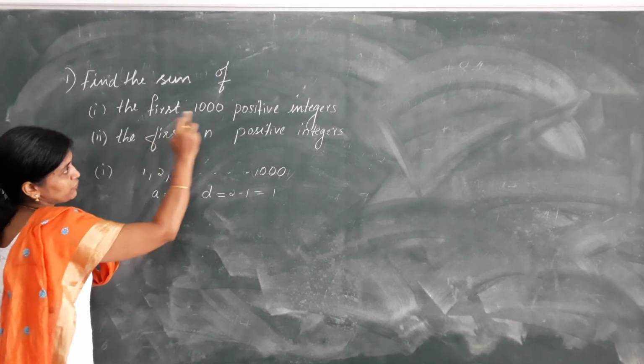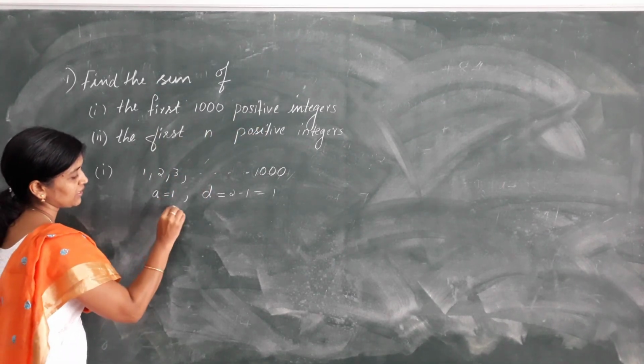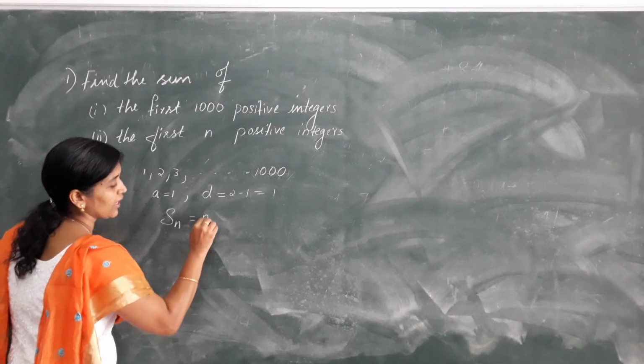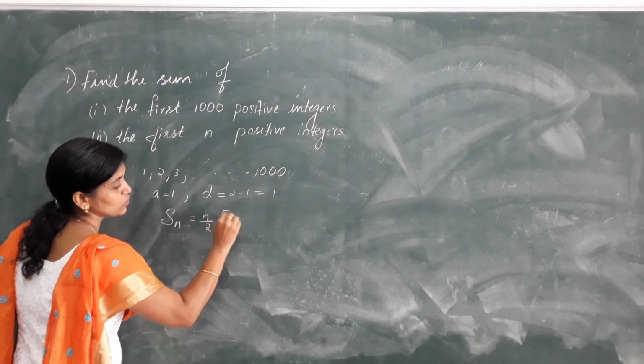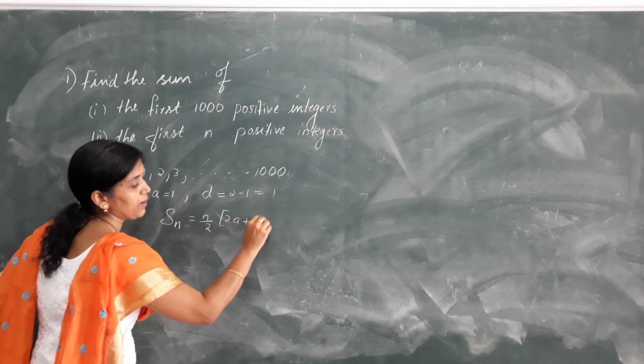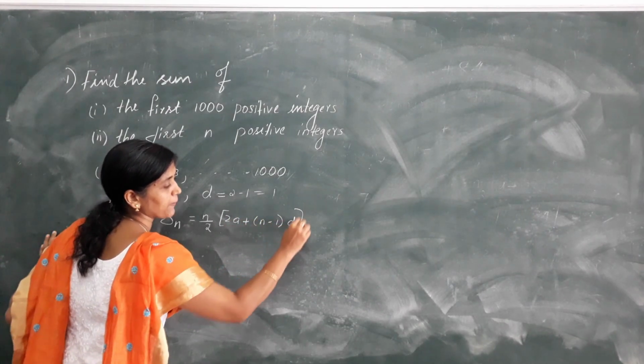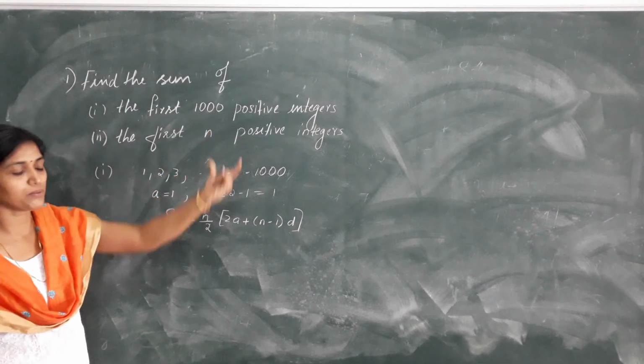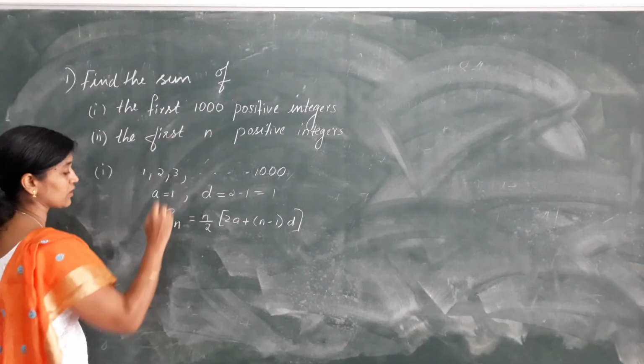The sum formula is Sn equal to n by 2 into 2a plus n minus 1 into d. Since we are asked to find the sum of the first 1000 positive integers, n is equal to 1000.